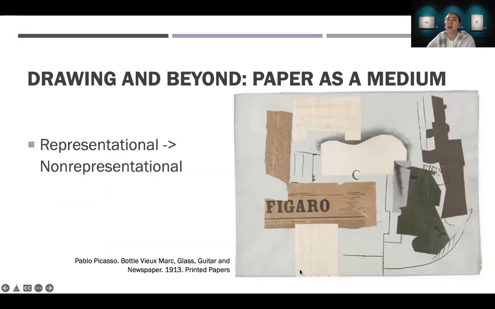So now let's see how artists use the industrial paper as one of the artistic medium beyond traditional drawing. In 1912, this new visual reality found its way into art in a revolutionary way, and many artists changed their style from representational to non-representational.